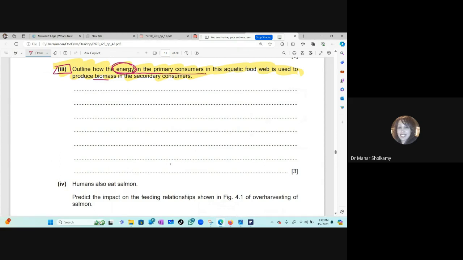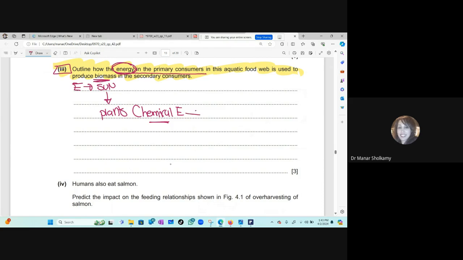Outline how the energy in the primary consumer in this aquatic food web is used to produce biomass in the secondary consumers. So we will write what we just discussed in the year 9 notes. First, we have the main source of energy. So the energy will arrive from the sun. It will be absorbed by the plants in photosynthesis, and it will be converted into chemical energy.